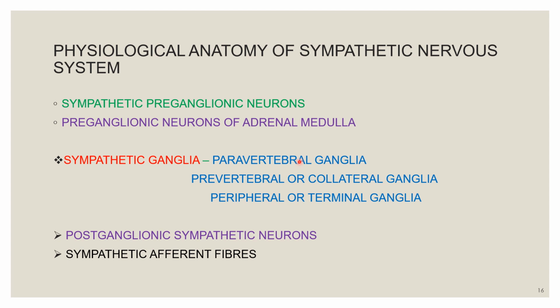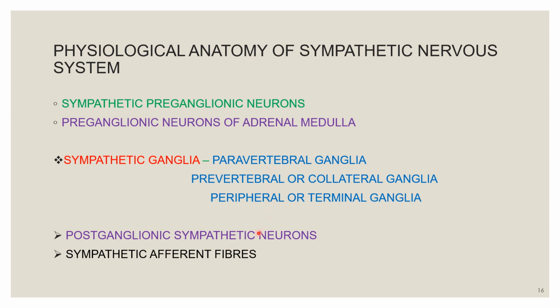And then we have seen the autonomic areas present in the cerebral hemisphere, brainstem, then in the spinal cord, and what is the peripheral part of the autonomic nervous system. Mainly we will discuss the peripheral part of the autonomic nervous system. So these are the anatomical considerations of the autonomic nervous system.